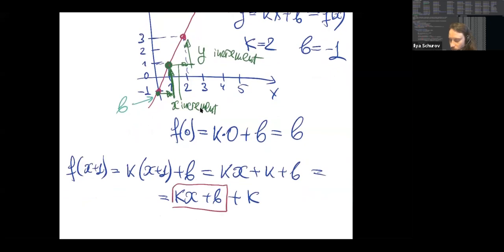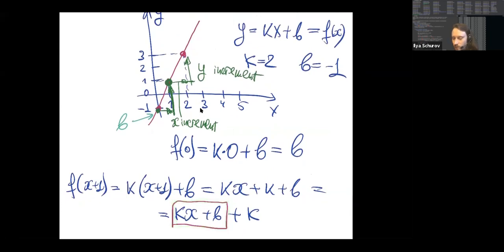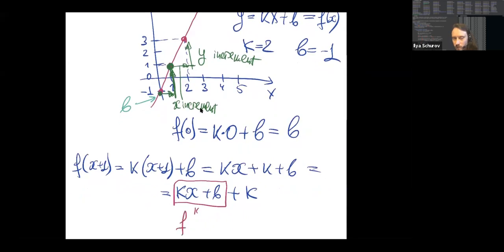How can we denote this value in terms of this function f? What is this thing? What should I put into brackets?